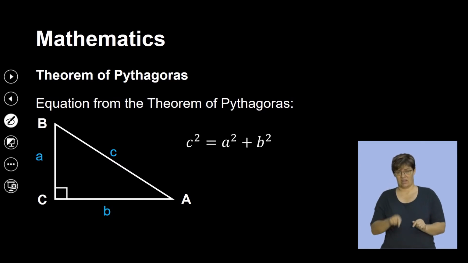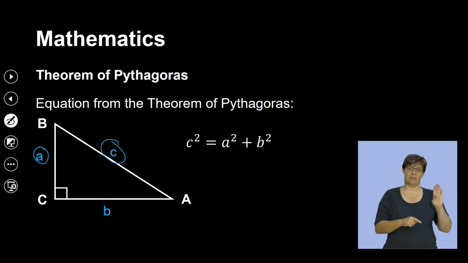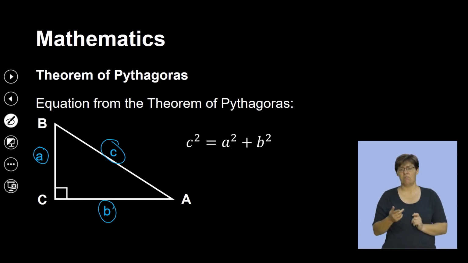It looks something like this: c squared, which is my longest side, is equal to a squared plus b squared, which is the other side. Also, remember that the small letters a, b, and c come from labeling the sides based on the opposite vertex to that particular side. So just quickly remember that as well.